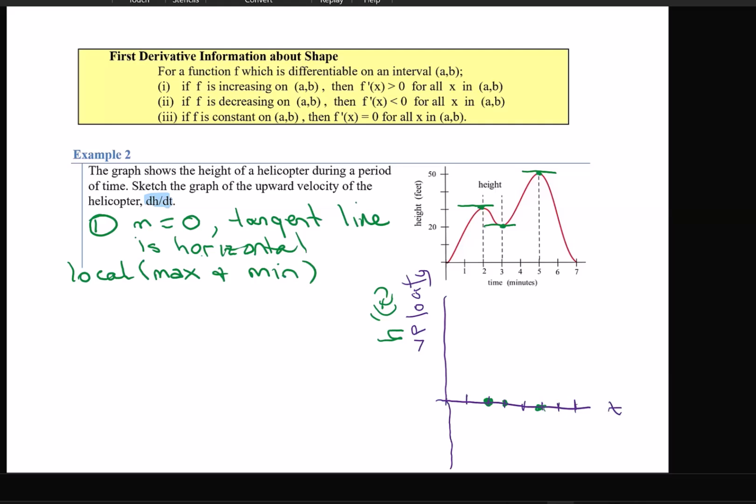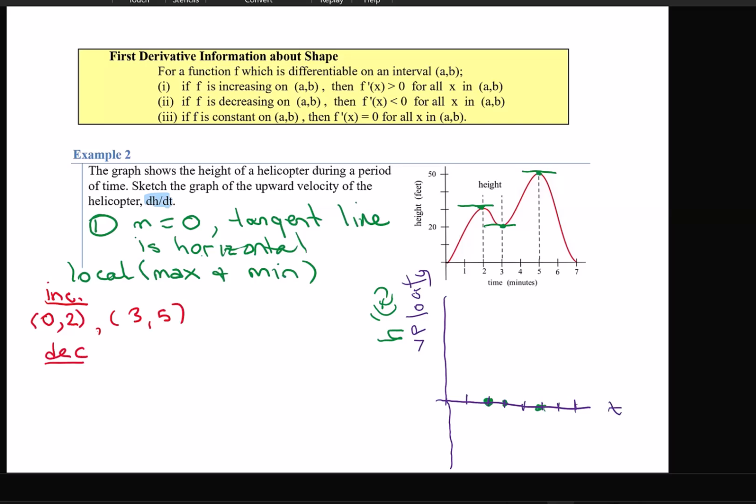Also, I know where it's positive. Here I have different intervals. I have an interval from 0 to 2 where it's increasing. Let's just do all the increasing: 0 to 2, 3 to 5, and that's all my increasing.